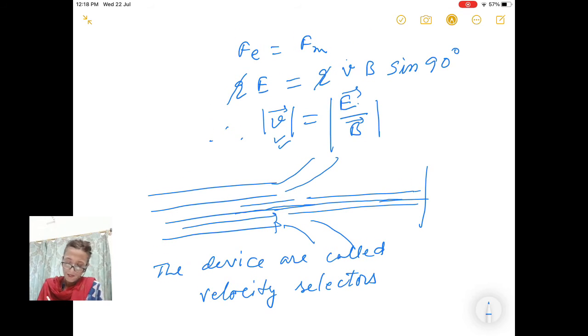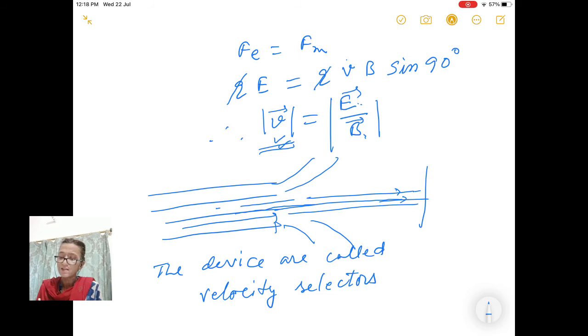Once again, I am telling you that you have a beam of charged particles, moving charged particles, and all of them are moving with different velocities. So there will be some charged particles having velocity with magnitude equal to electric field by magnetic field.